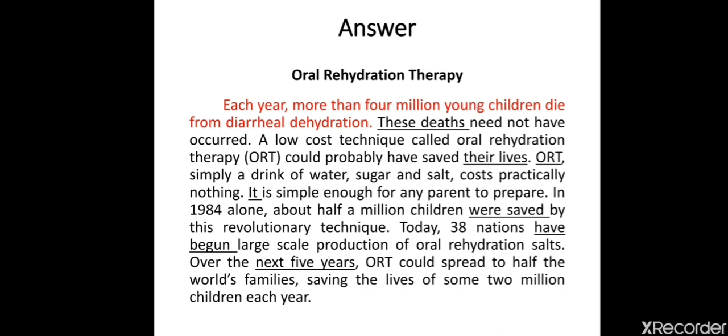Here, the beginning of the sentence, the pronoun it, refers to the simple mechanism of preparing. It means ORT. What was said in the previous sentence? Simply a drink of water, sugar and salt. Some simple composition of these three. That is what the pronoun refers to here.